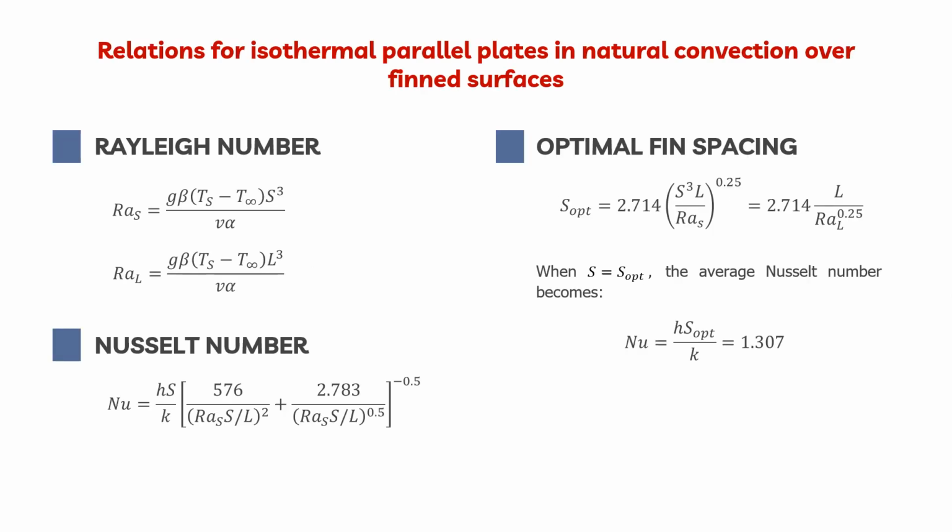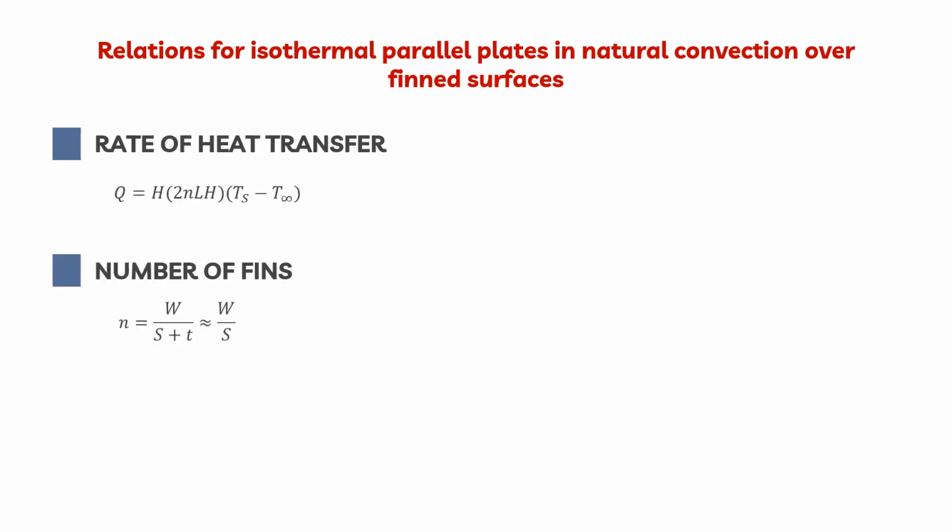The relations for isothermal parallel plates and natural convection over fin surfaces for the Rayleigh and Nusselt numbers are as follows. The optimal fin spacing S can also be determined through the depicted equation. The rate of heat transfer by natural convection from the fins can be determined from the equation Q is equal to h times the quantity 2N LH times the quantity T_s minus T_infinity, where N is equal to W over S plus t.